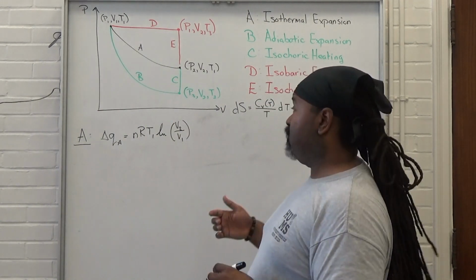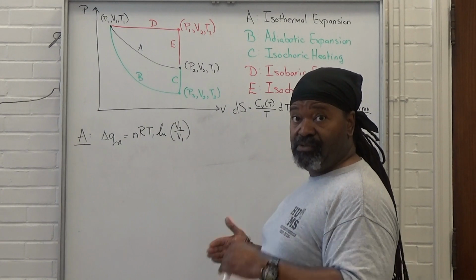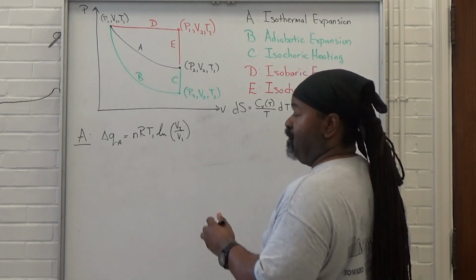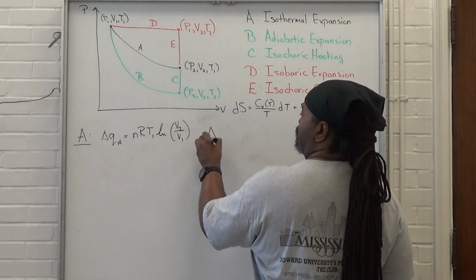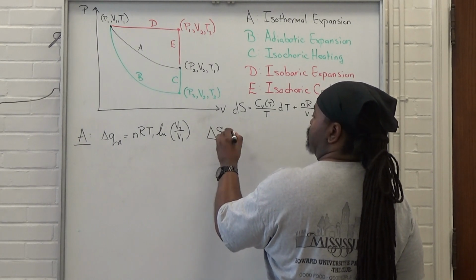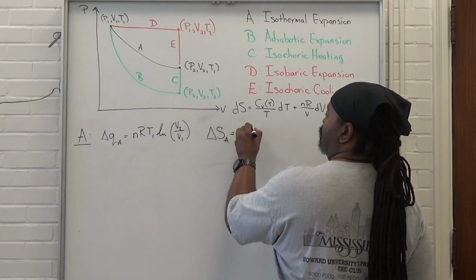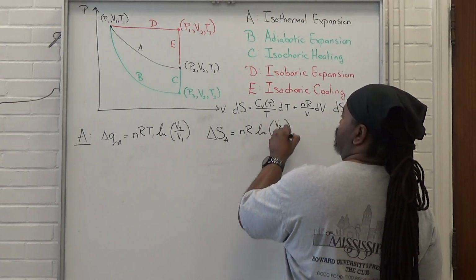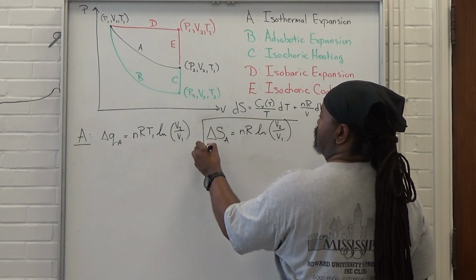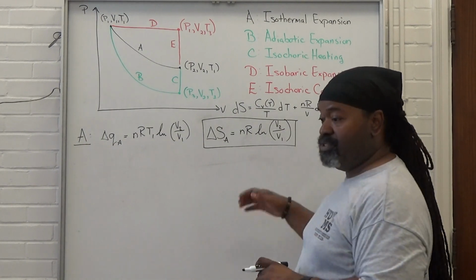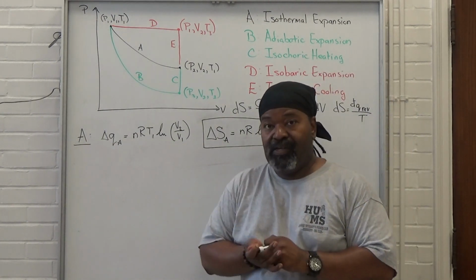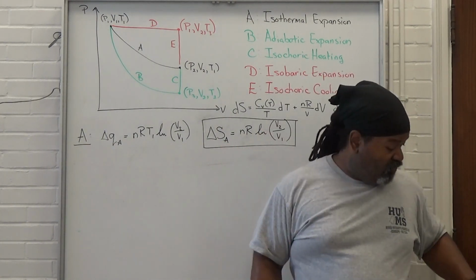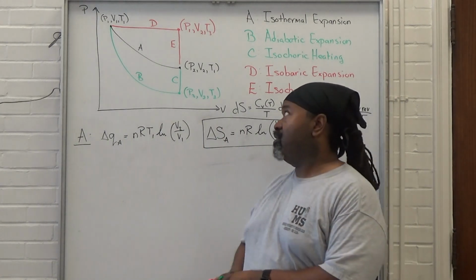As a consequence of using the dq over T formulation, the delta S for path A is nR ln V2 over V1. This is the result that we want to see. That gives us the delta S for path A, the black path.